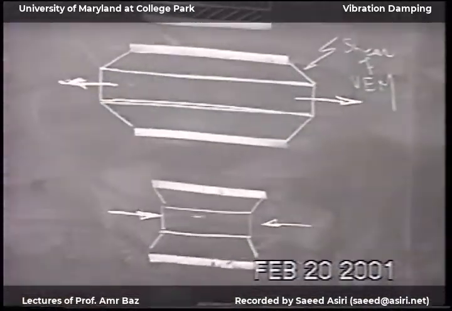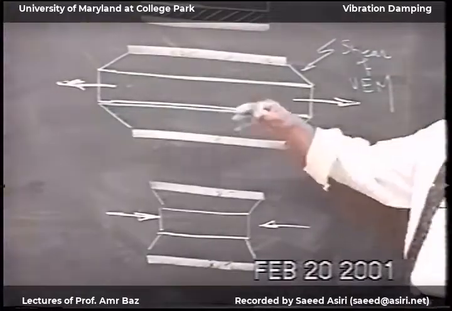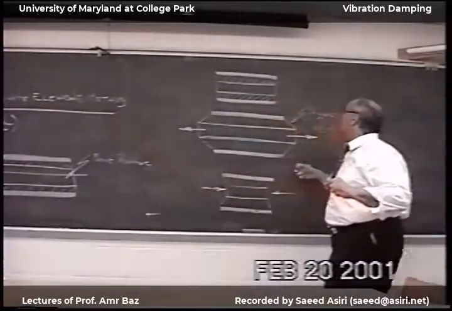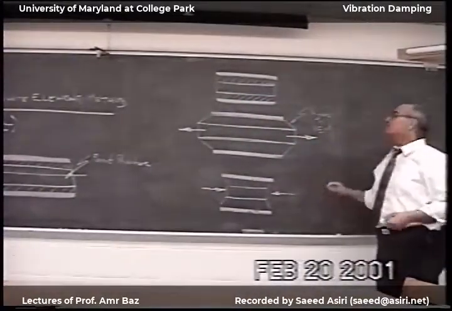So the constraining layer, the main purpose of it is to transfer the damping mechanism from a longitudinal damping mechanism to a shear damping mechanism where the damping is much higher.